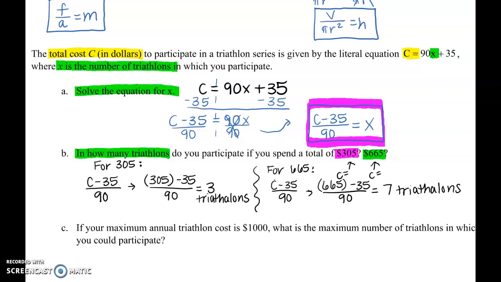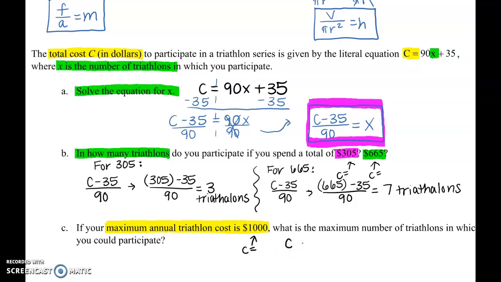The last problem, it's saying if your maximum triathlon cost is $1,000, what is the maximum number of triathlons in which you could participate? So in this case, what we are given is C again. So if my maximum cost is C equals 1,000, I want to plug in 1,000 here.